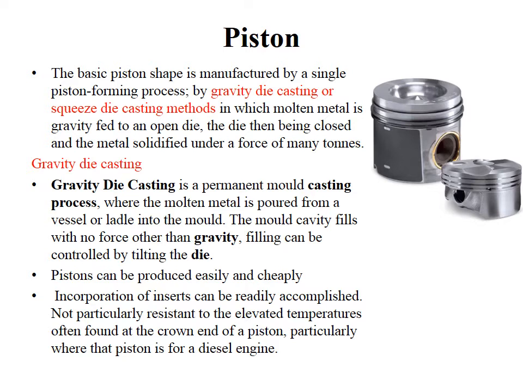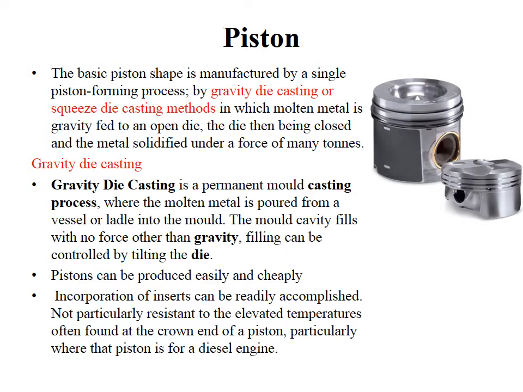You can also have inserts to make sure that you have the gaps wherever it is needed, and it is not so much affected by elevated temperatures, often found at the crown end of the piston, particularly in a piston for a diesel engine. So that is gravity die casting, where casting is done by no other external force, just by using gravity.